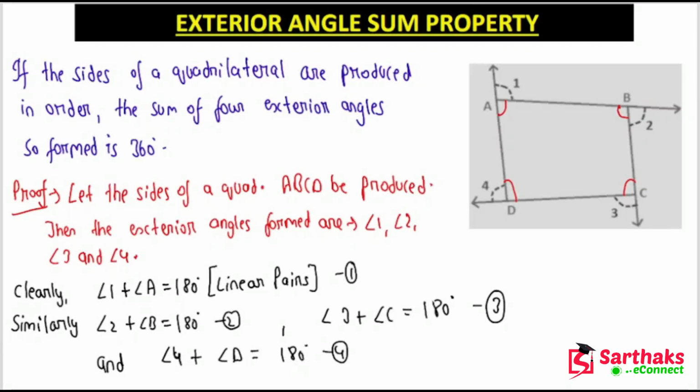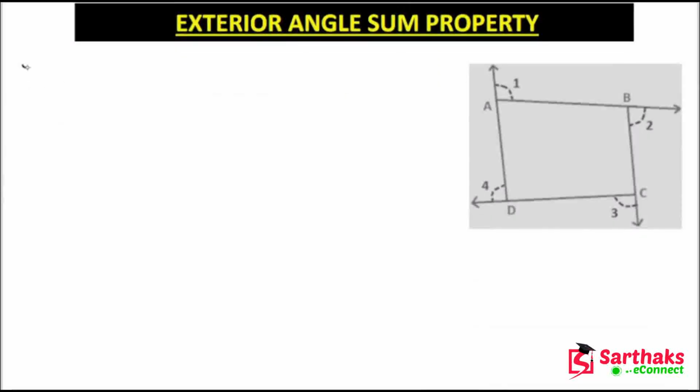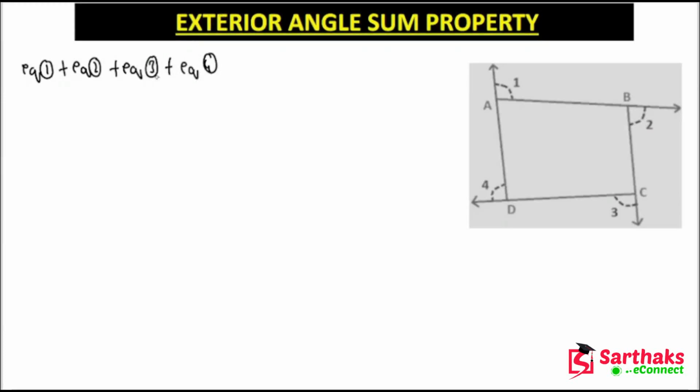So we can clearly see that we have 4 linear pairs which are formed. Okay, now if we add all these 4 equations, that is equation 1 plus equation 2 plus equation 3 and then equation 4, then the LHS would be added, so we will get angle 1 plus angle 2 plus angle 3 plus angle 4.